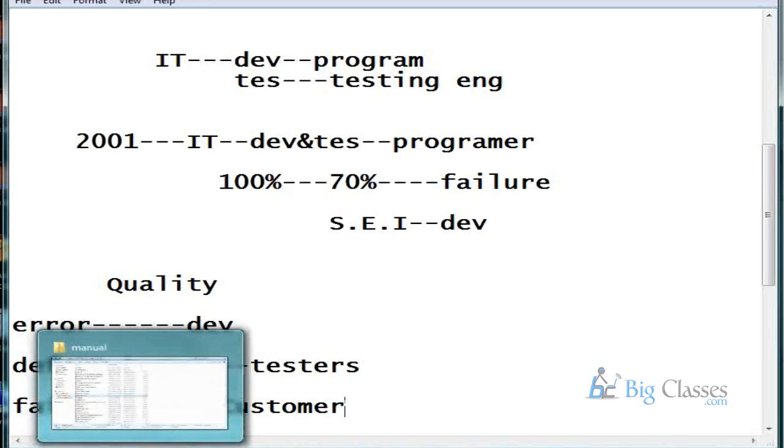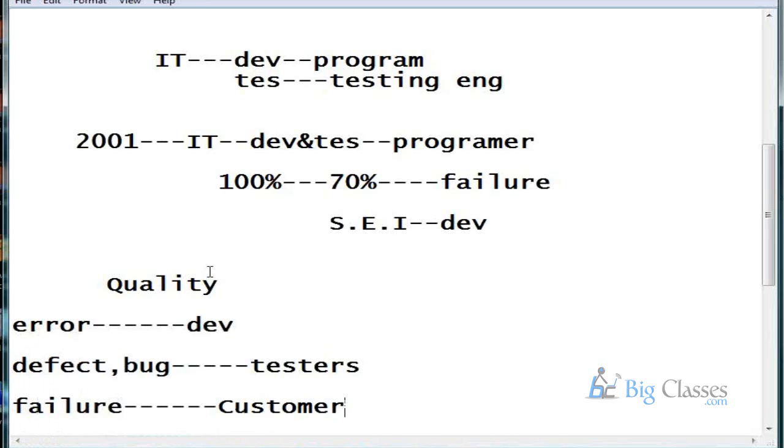See, I am saying the same meaning, mistake, for error, defect, bug, failure, but the terminology is different, right? Once again: error is developer terminology, defect and bug are tester terminology, failure is customer terminology. Error: while developing the application, if the developer finds any mistakes in programming, the mistake is called error.